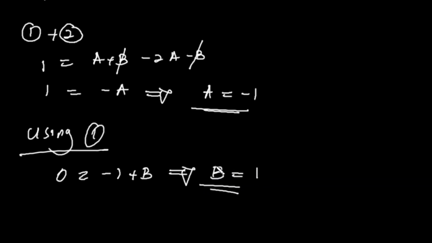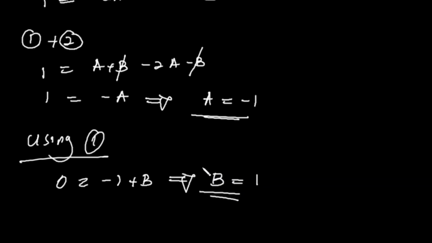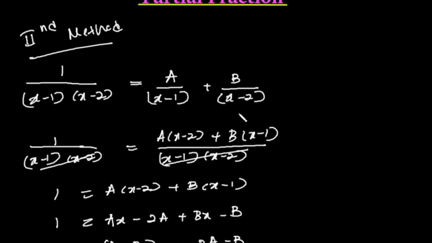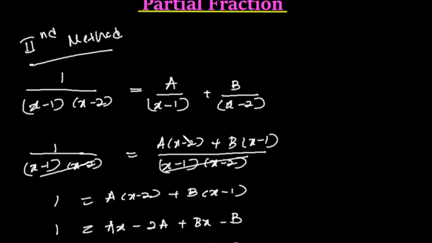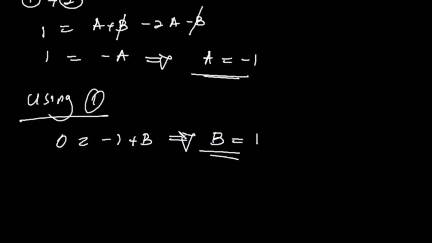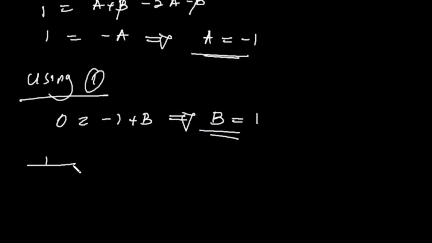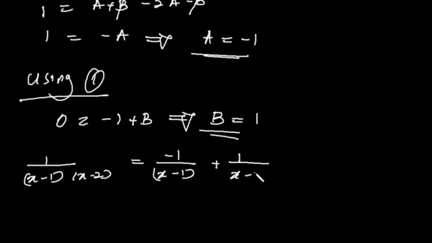Now we have values for a and b, so we can substitute those values into this equation: 1 over (x minus 1)(x minus 2) equals a, which means minus 1, over x minus 1, plus b, which means 1, over x minus 2.